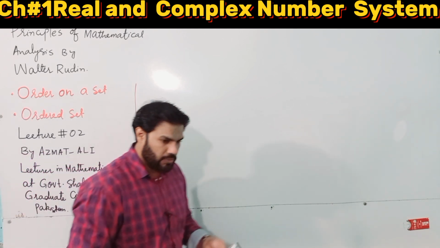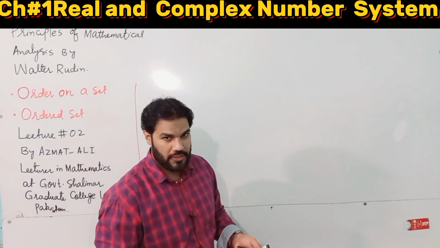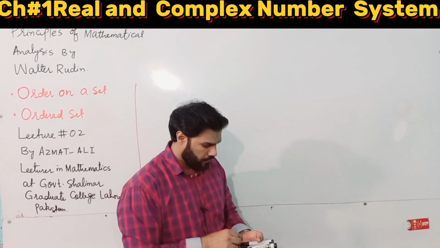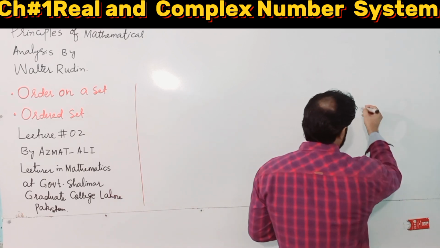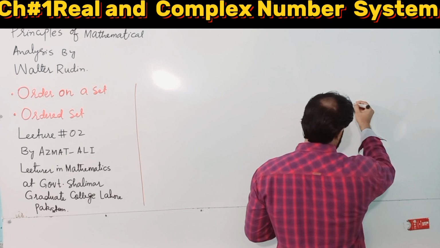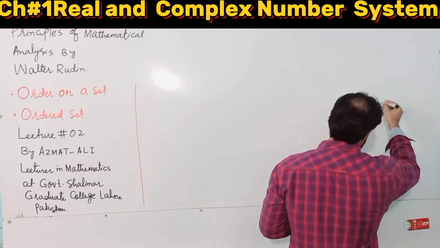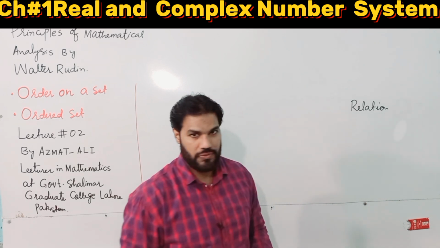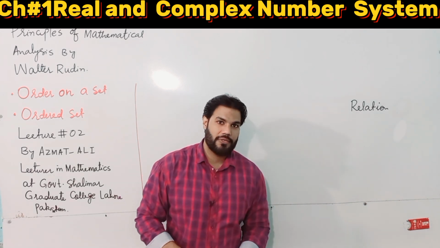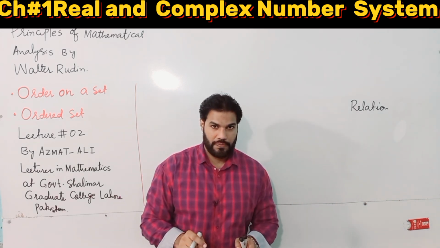Actually, the summary of this lecture is simply a word: order on a set means a relation. So this word shows the summary of this lecture. Order on a set means a relation on a set.